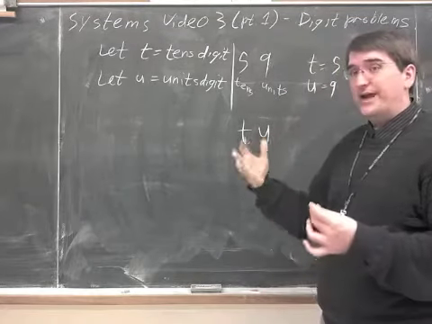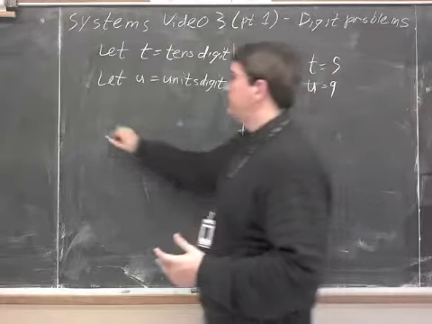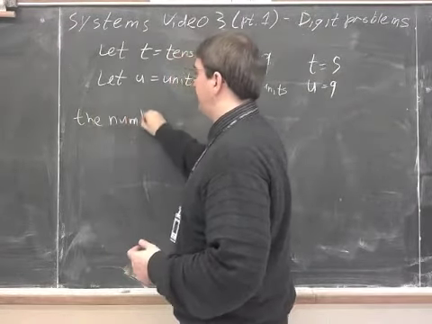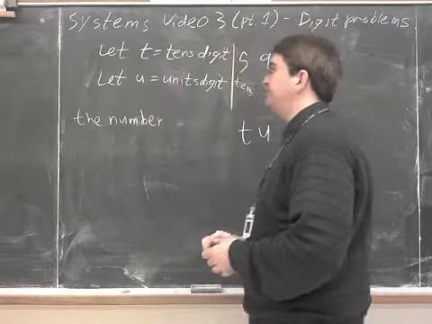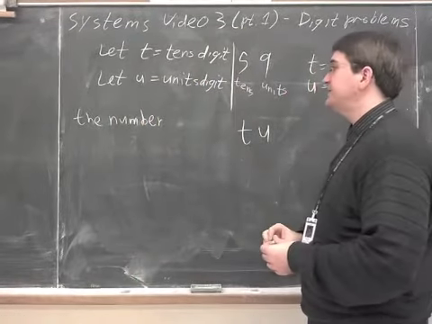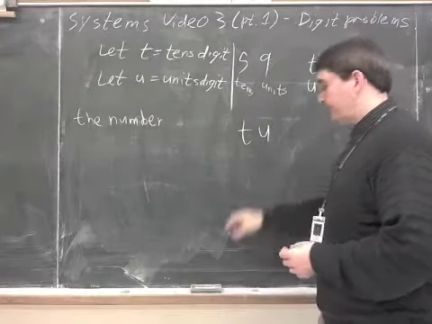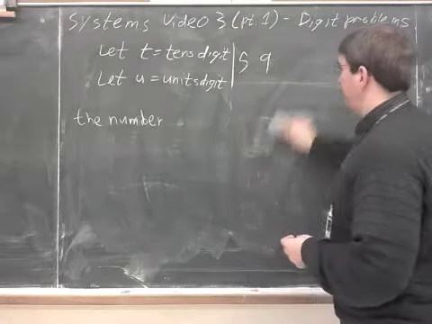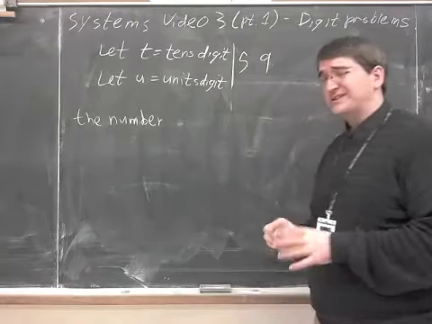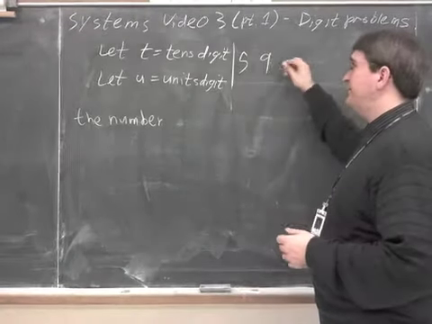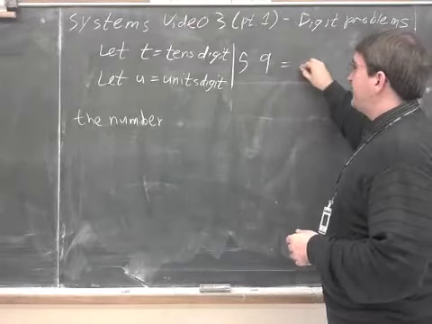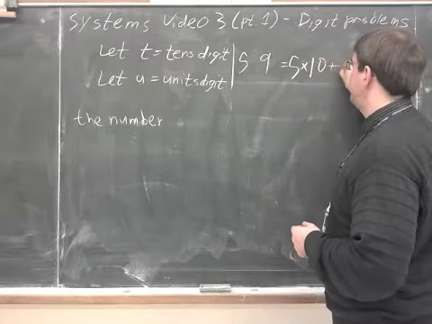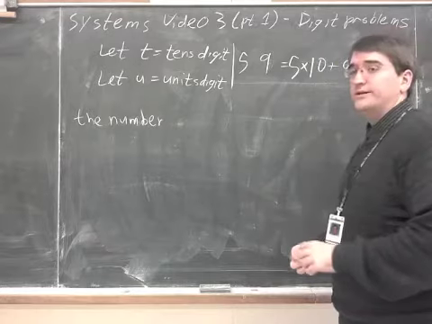In order to figure out how we actually describe the value of the number, the actual number that is made up by these tens and units digits, we think about the expanded form of this number. It's probably something you haven't done since like 2nd or 3rd grade, maybe even before then. But it's the idea that the number 59 is composed of 5 tens and 9 ones.